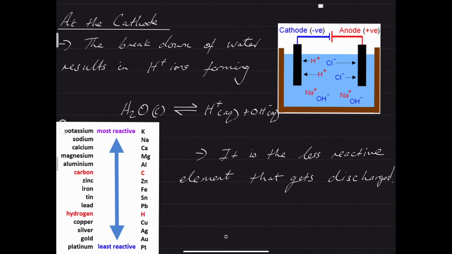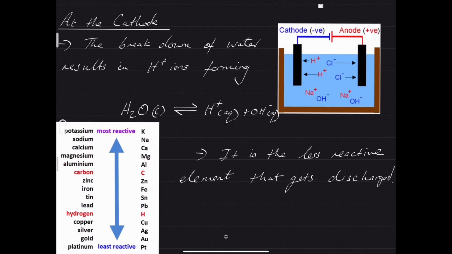So hydrogen will form H2 gas at the cathode and leave in a gaseous state. Sodium is left behind and forms sodium hydroxide solution in the electrolysis cell. So as a rule of thumb, it is the less reactive element that gets discharged. Can you take that down?